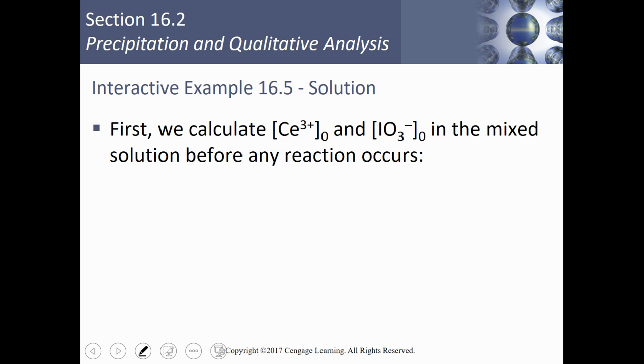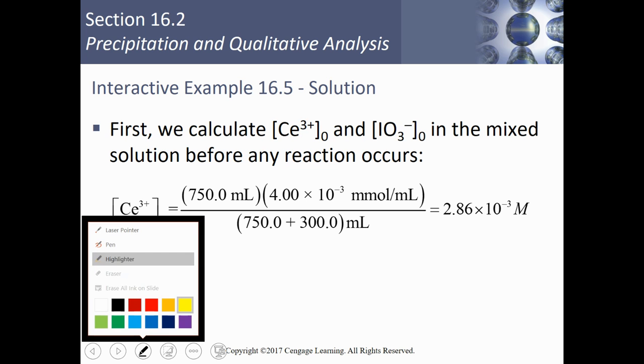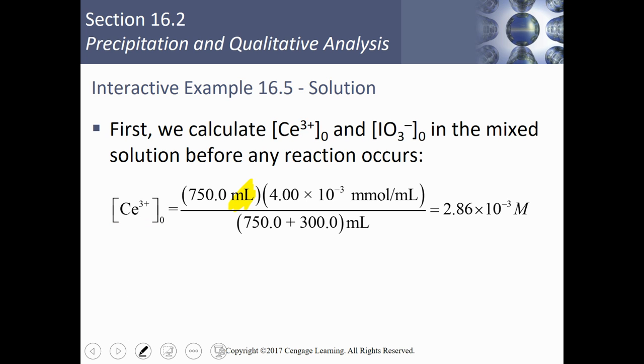So this is going back to what we discussed in chapter 4 about precipitation reactions. So before any reaction occurs, for cesium, we're going to do stuff in millimoles. All right, so I'll quickly go over the millimole part. When you're given milliliters and molarity, remember, molarity is moles per liter.